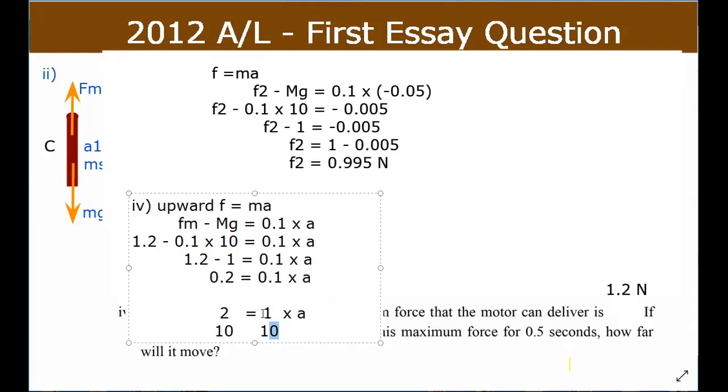So this 10 and this 10 cancel out. Finally, you will obtain that A equals 2. Only 2 will be there, 2 meters per square second. Who got this answer?